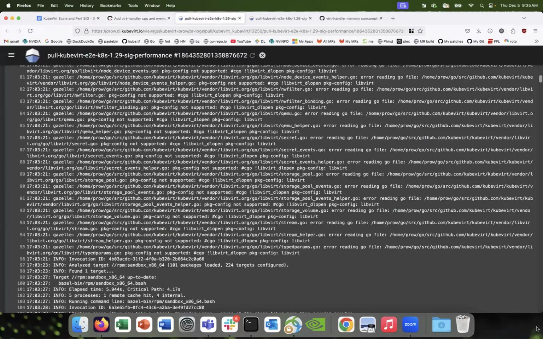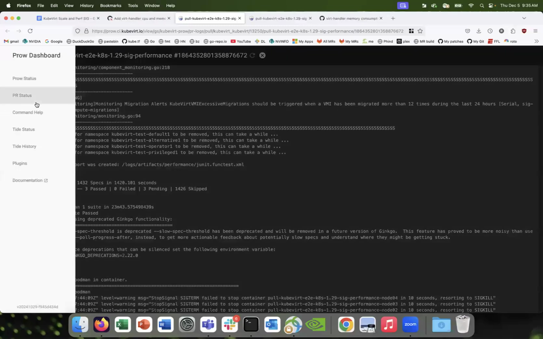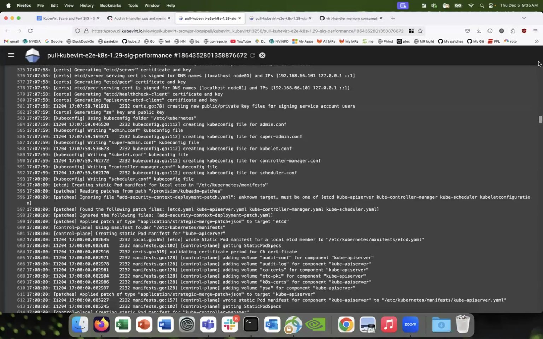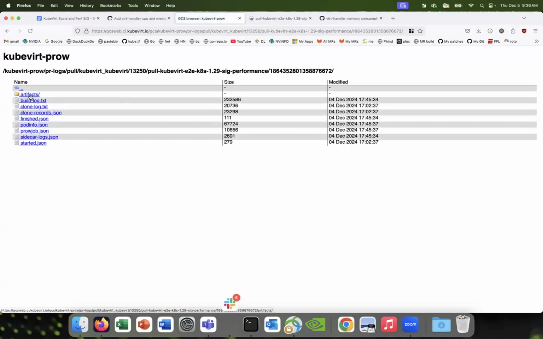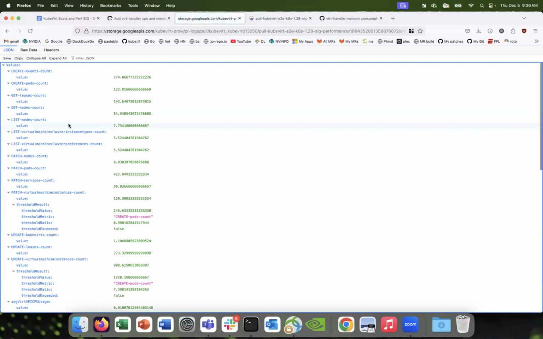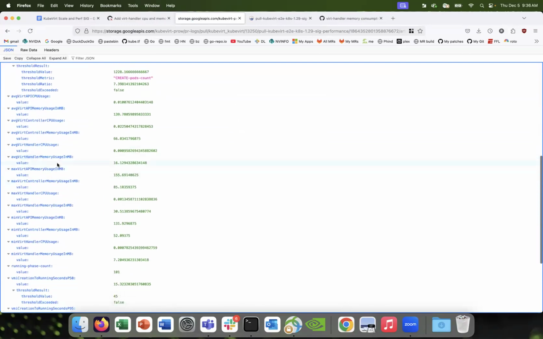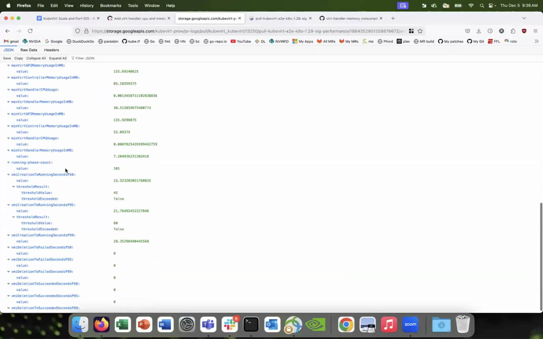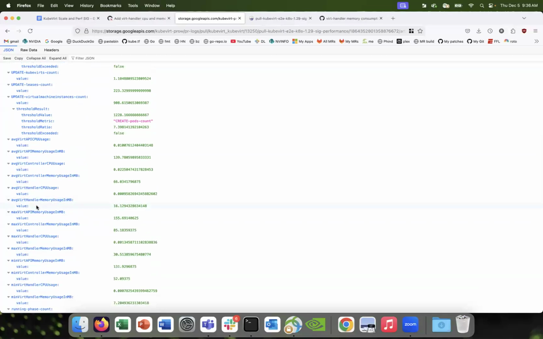Cool. Can we see that in here? Is that where you're getting it? Yeah, it should be in the artifacts at the top of the task. Okay, right here: average virt-handler memory usage in megabytes.